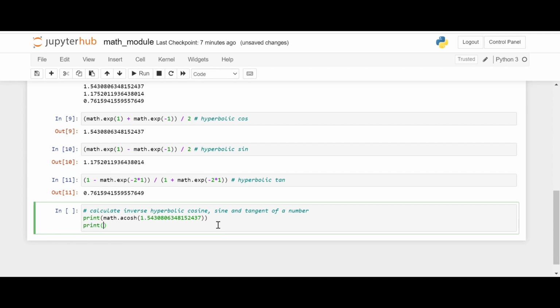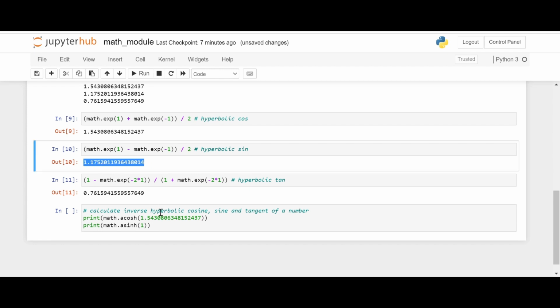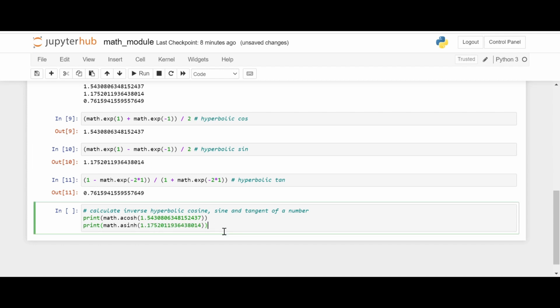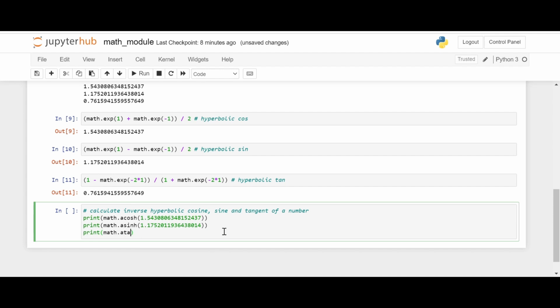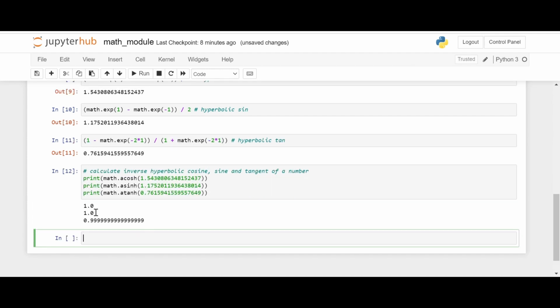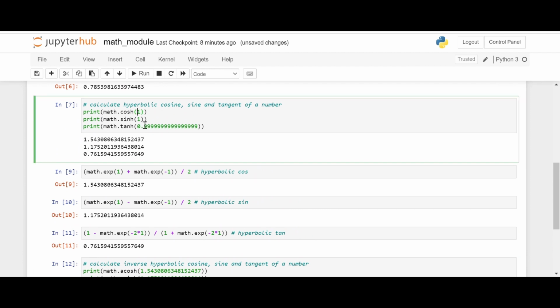Similarly, print math dot asinh. Type this one. Atanh. Type this one. So we get the inverse value. We get these values. Okay.